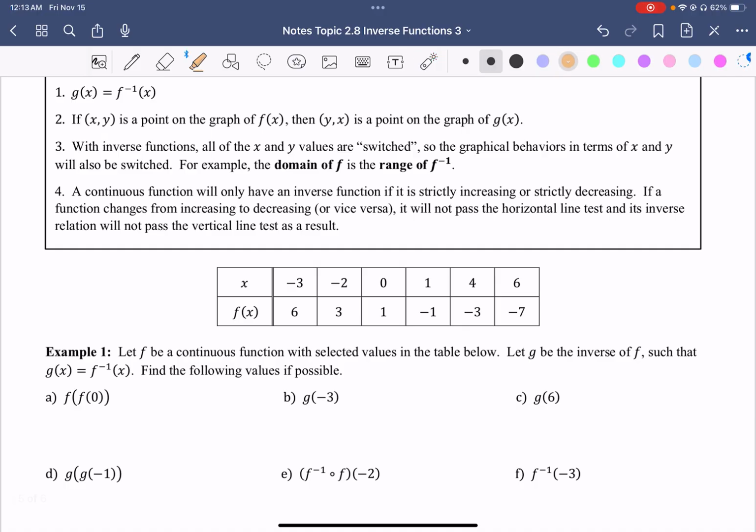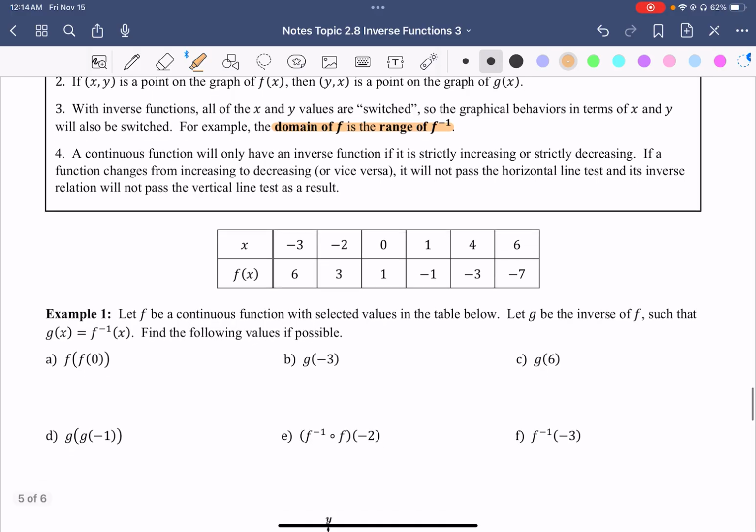For example, the domain of f is the range of the inverse of f of x. A continuous function will only have an inverse function if it is strictly increasing or strictly decreasing. If a function changes from increasing to decreasing or vice versa, it will not pass the horizontal line test, and its inverse relation will not pass the vertical line test as a result.